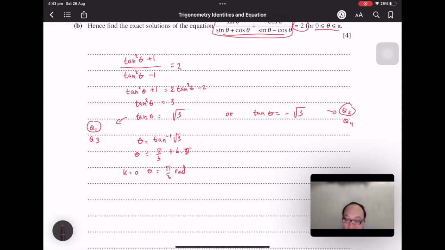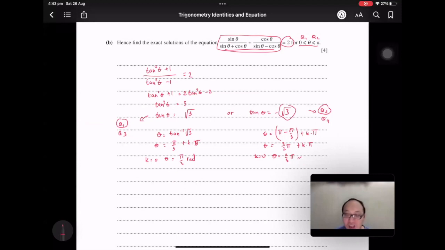And then for the second quadrant, because this is square root of 3, the same value, theta will be pi minus pi over 3 plus k pi. So the theta will be equal to 2 over 3 pi plus k times pi. And for k equals 0, theta will equal 2 over 3 pi. So that's it. Only two answers for this question.